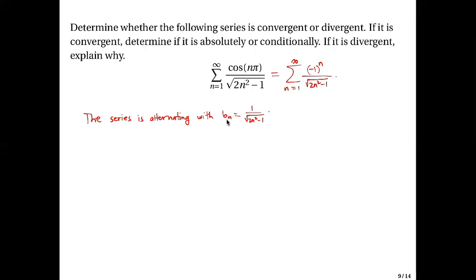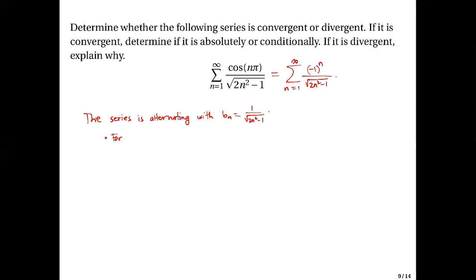We show that b sub n is always positive, that b sub n is decreasing, and that b sub n goes to 0 as n goes to plus infinity. So let's state those.